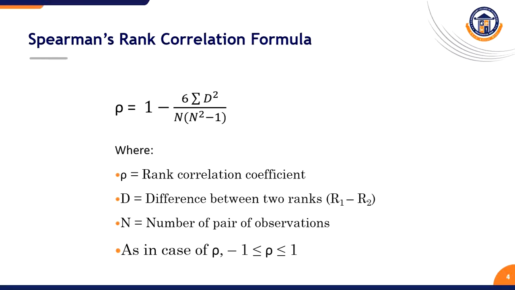Here, rho denotes the rank correlation coefficient, capital D is the difference between two ranks, capital N is the number of pairs of observations, and also note one of the important properties of the correlation coefficient: the correlation coefficients lie between the values -1 and +1.